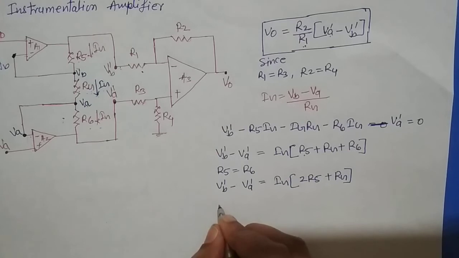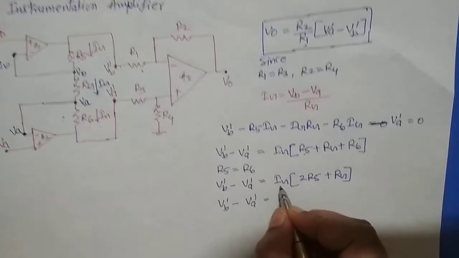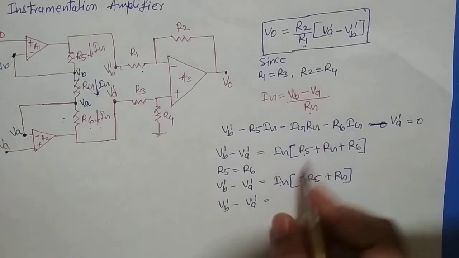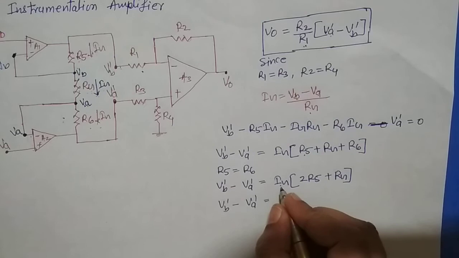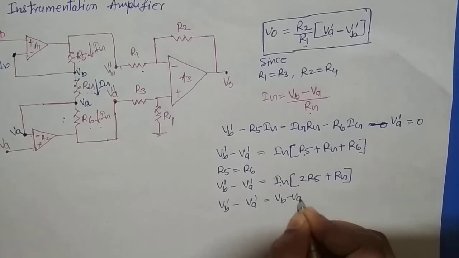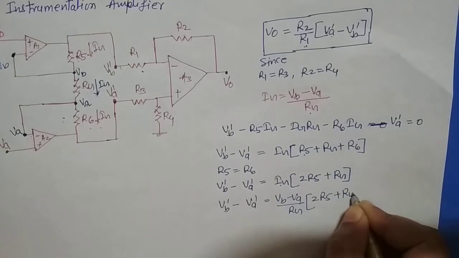Okay, Vb dash minus Va dash equals to, here Ig is equal to Vb minus Va divided by Rg. Here I am putting this equation: Vb minus Va divided by Rg into 2R5 plus Rg.